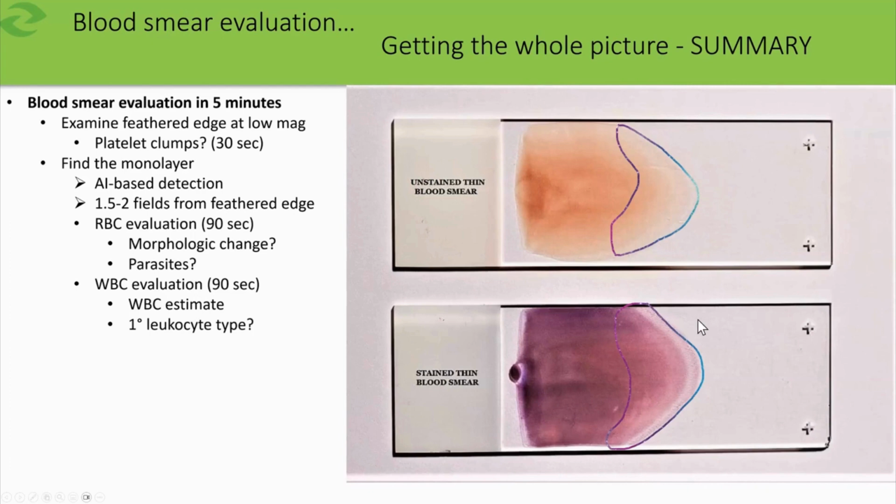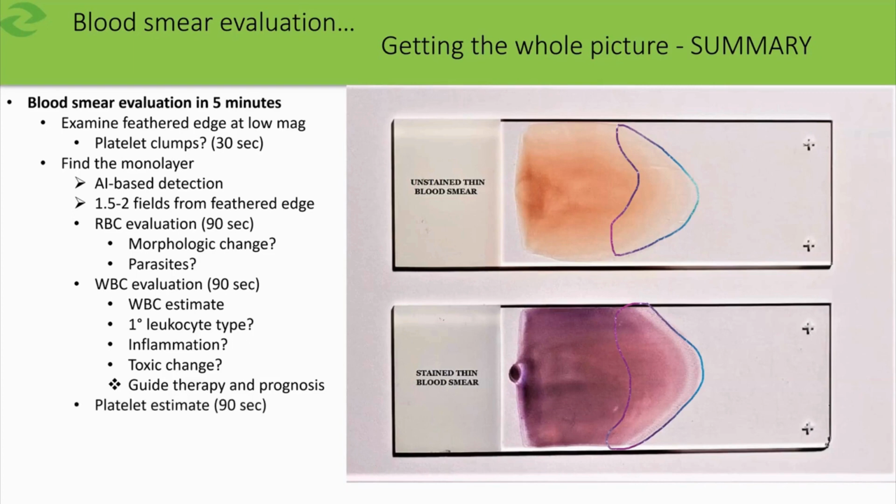Reactive lymphocytes, atypical lymphocytes? Is there inflammation? Are there immature granulocytes present? Left shift, toxic change? The goal, again, is not to get a perfect white blood cell differential by counting 100 white blood cells. It's to guide your therapy, guide additional diagnostics, and help formulate a prognosis.